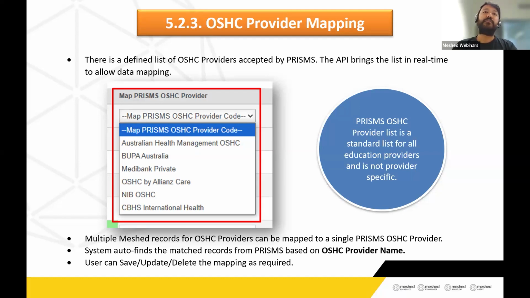Let's say you may have a setup in the MIST platform as Bupa single, Bupa couple or something like that. Then you can map those to Bupa Australia, so it also supports multiple mapping to one single OSHC provider in PRISMS. Like any other function, it also supports the bulk feature for mapping, and you can also save, update, and delete the mapping as per your requirement.